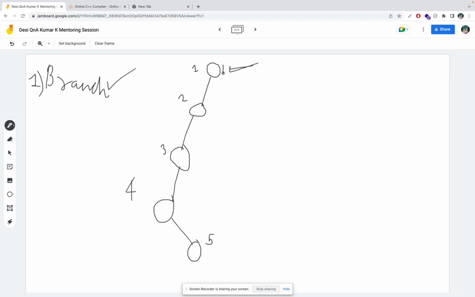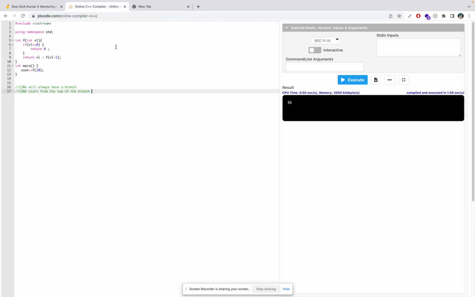First we come here at 1, then we come at 2, then 3, then 4, then 5. So step number 3, always write that we travel the branch from top to bottom. Always remember this thing.